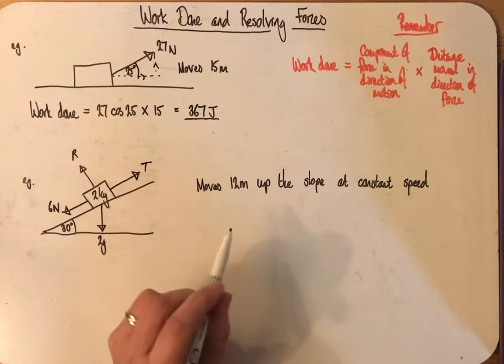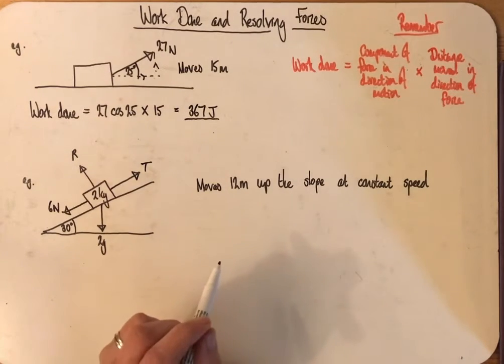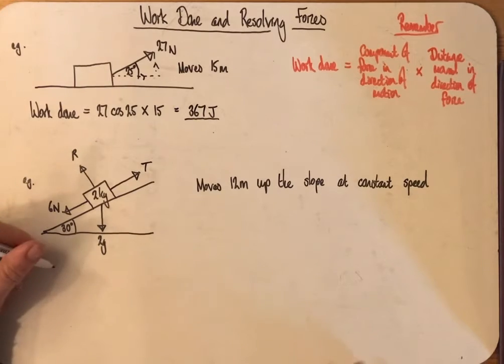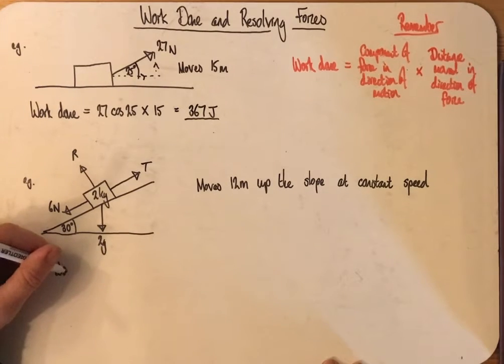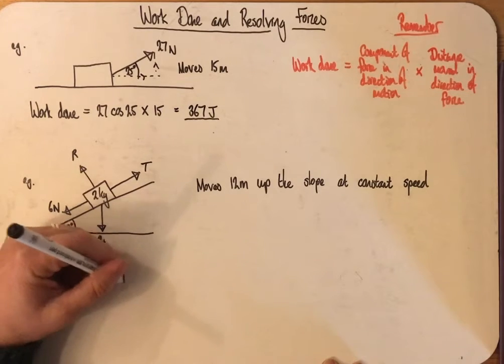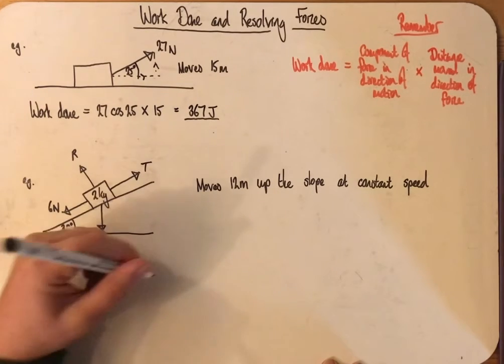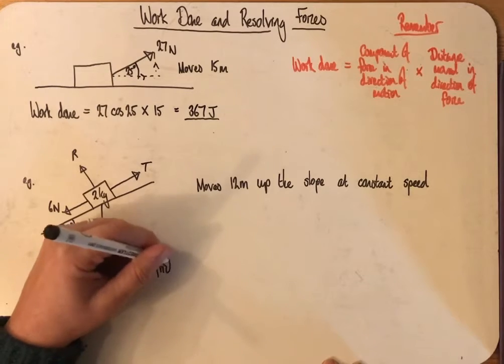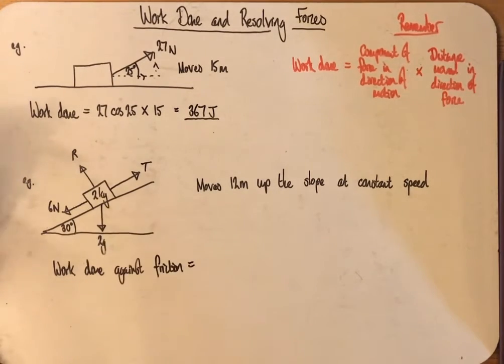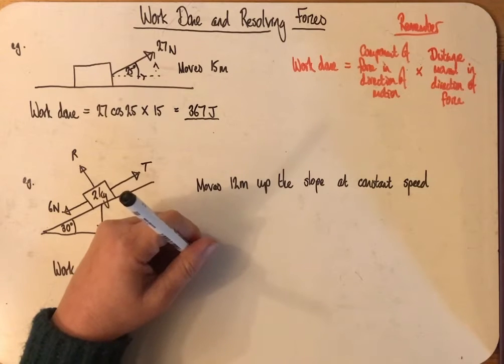And it moves 12 metres up the slope. So we can talk about the work done against friction, and that is equal to the distance, 12, times this force, which is 6.